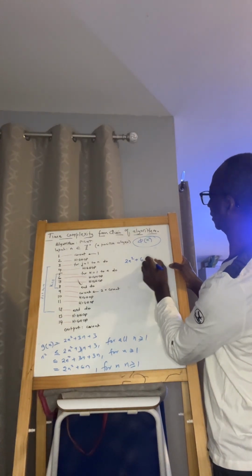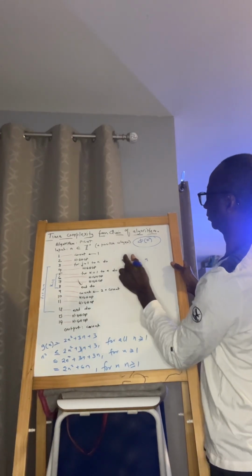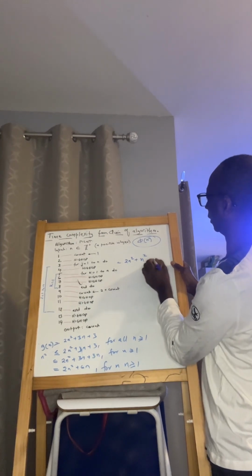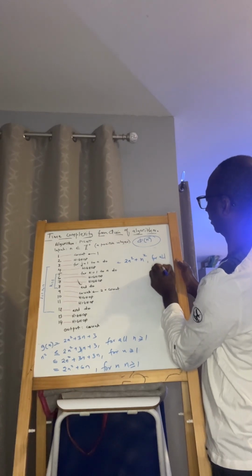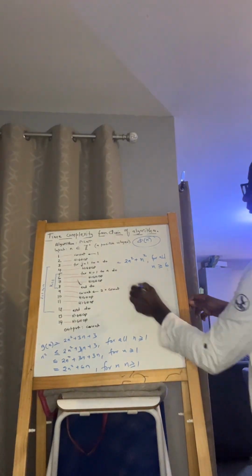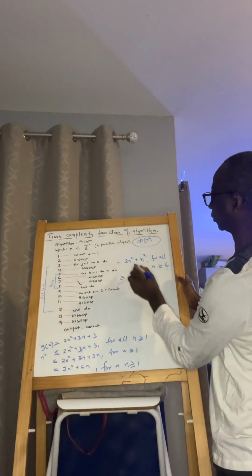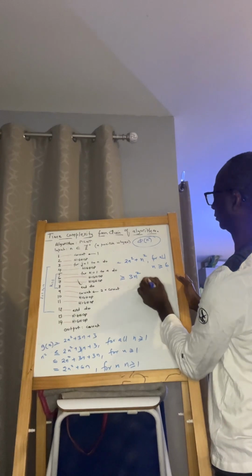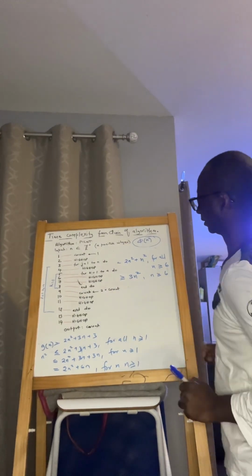Plus 6n is less than or equal to 2n squared plus n squared for all n greater than or equal to 6. So now this will give you 2n squared plus n squared, which is 3n squared for all n equal to or greater than 6.